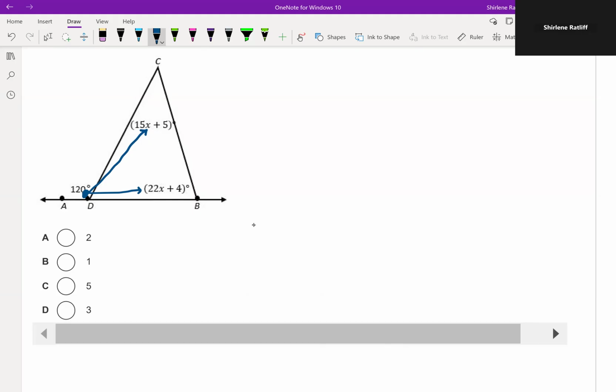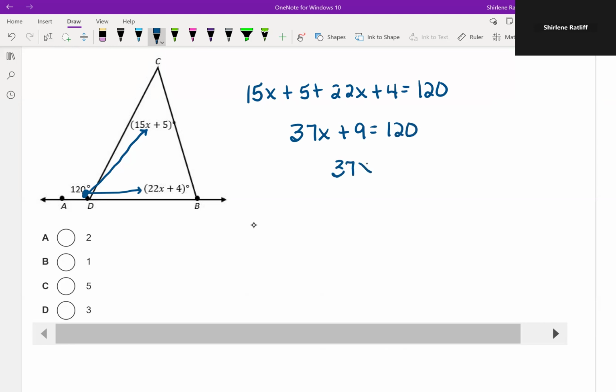All right, so we know that 15x plus 5 plus 22x plus 4 equals 120. 37x plus 9 equals 120. Y'all, I don't have my Desmos open, so I have to solve this the old-fashioned way. I'm using all my inverse algebra strategies.